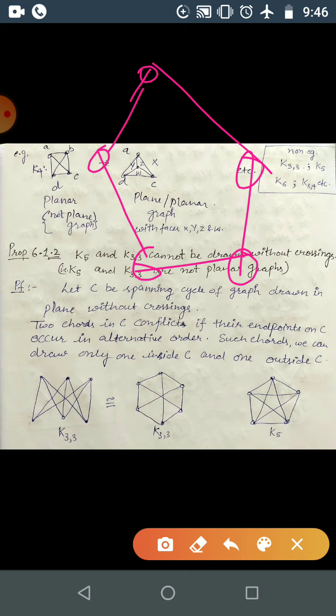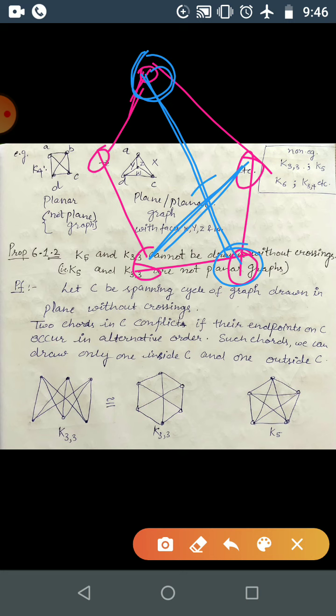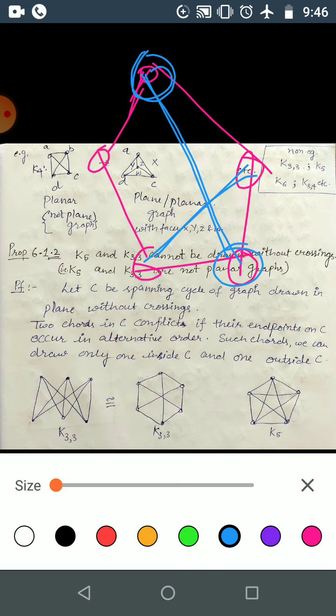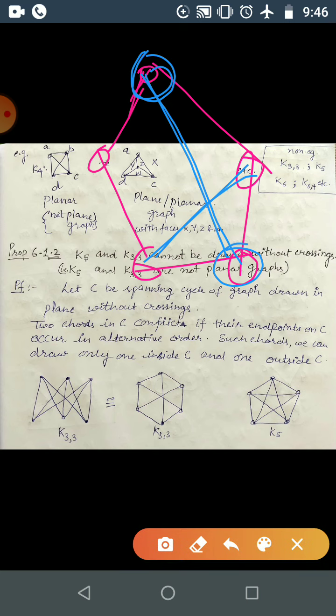Now consider chords of this cycle, because in K5 every two vertices are adjacent, so chords will be present, correct. Two chords will conflict if their endpoints on C occur in alternating order. That is, this chord and this chord will conflict at this point when their endpoints alternate.